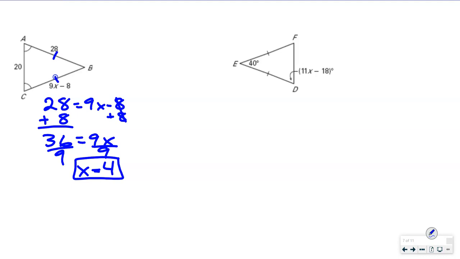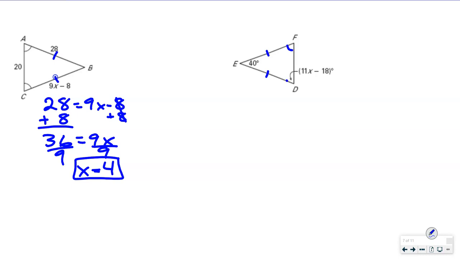And our next one, we have an isosceles triangle again. We've got the two congruent sides. So that tells us with the base angles theorem that we're going to have two congruent angles. Now remember, the angles that are congruent are not the ones that are in between the two sides. 40 degrees is in between the two sides, so it is not that one.